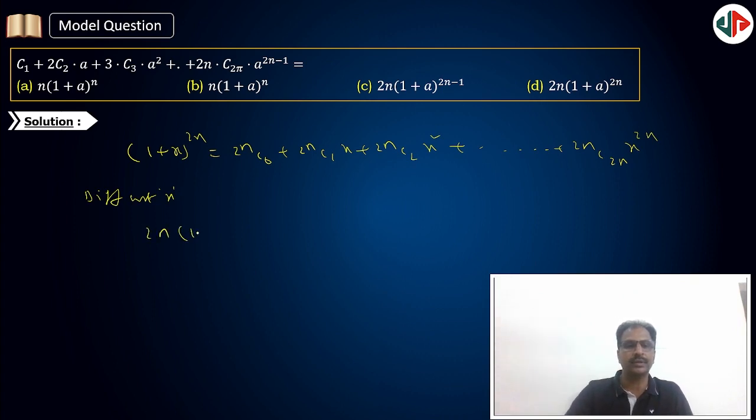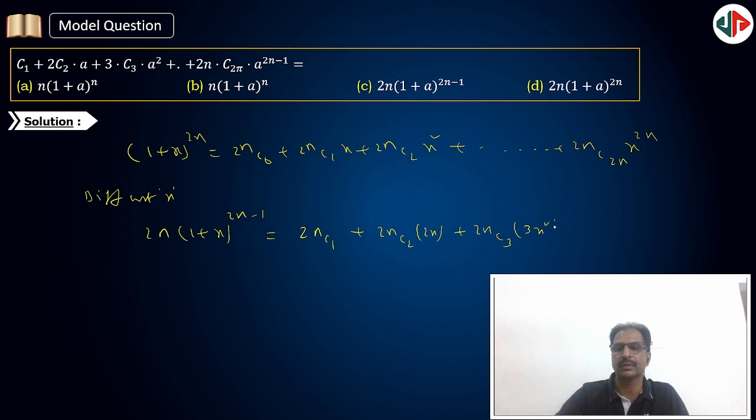Then you get 2n into (1 plus x) whole power 2n minus 1 is equal to 2nC0 is a constant, derivative 0. 2nC1 x, derivative 2nC1, 2nC2 into 2x, next 2nC3 into 3x square, plus 2nC2n into 2n x power 2n minus 1.